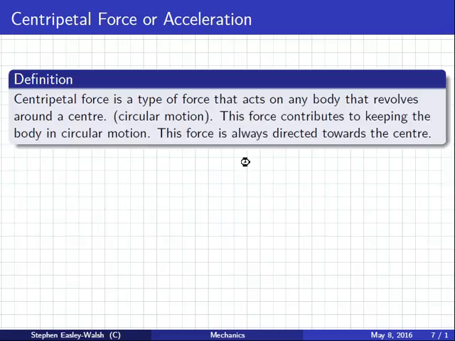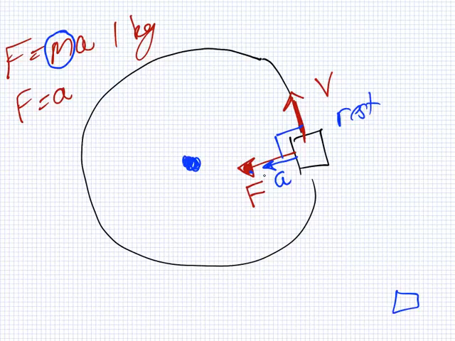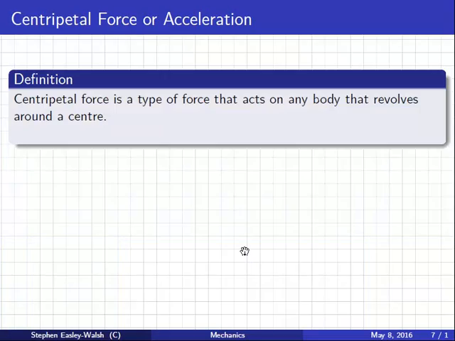So just a little bit of definition. You see this force here? This force has a special name if it makes something move in a circle. We call this force centripetal, or centripetal, whichever way you prefer to say it.